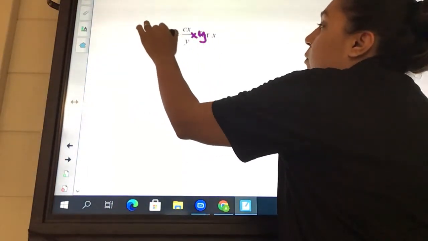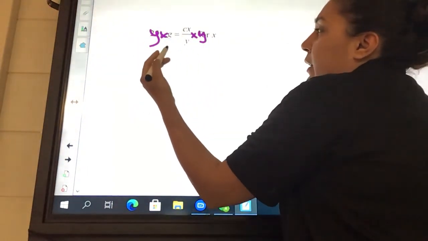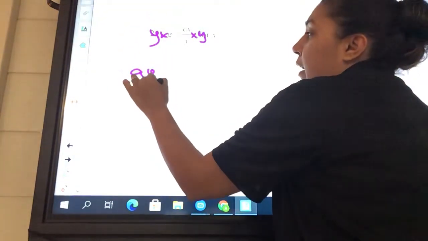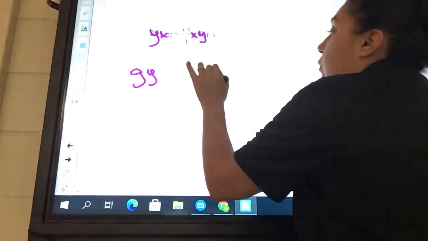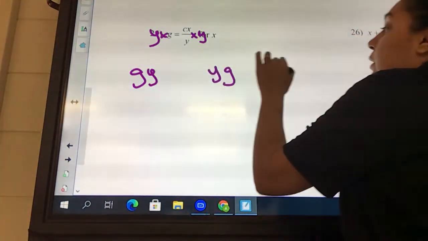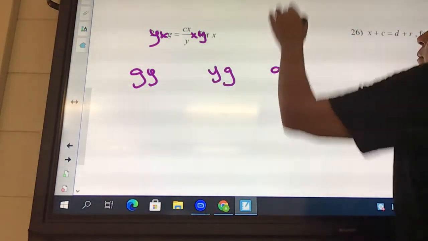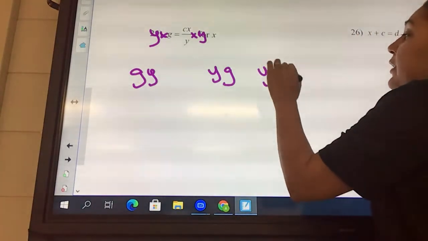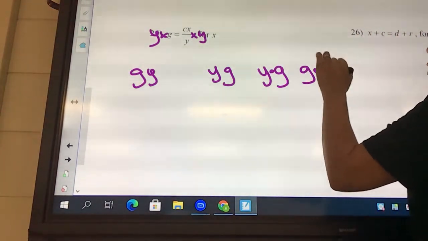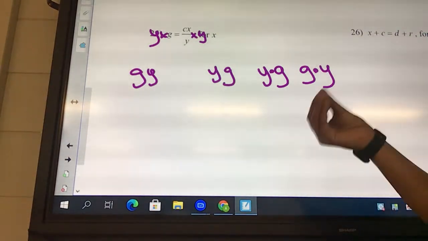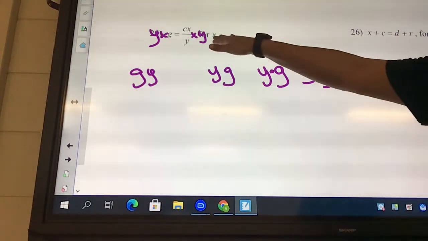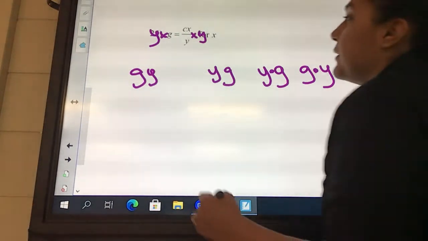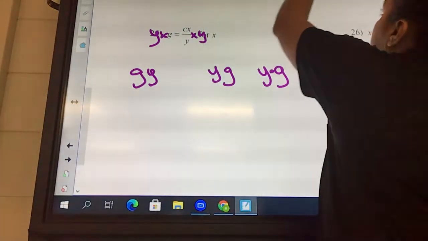So we're going to say times Y. And I'm going to use a dot because you can write it a bunch of ways. You can say Y dot G, or G dot Y. But I definitely don't want to use the letter X because I'm solving for an X variable. Any of those work.